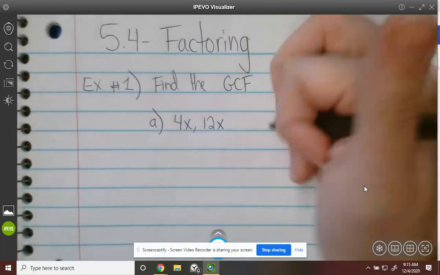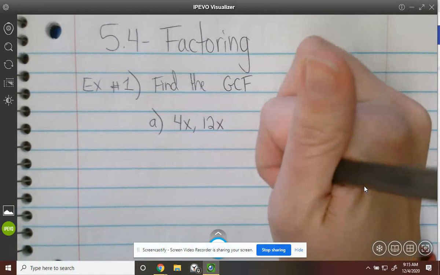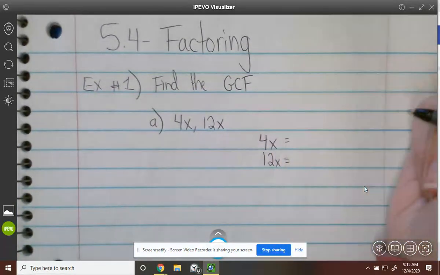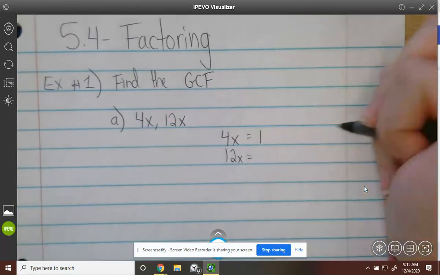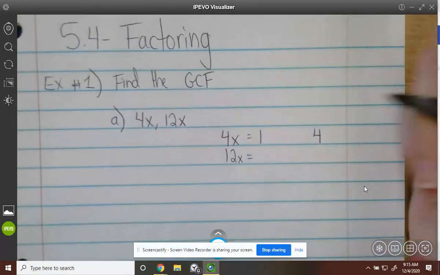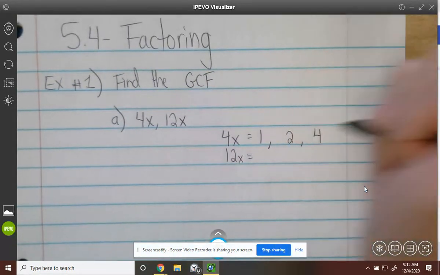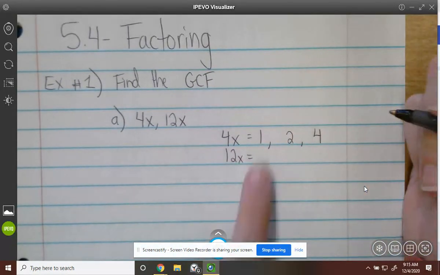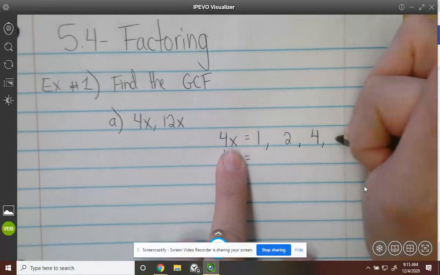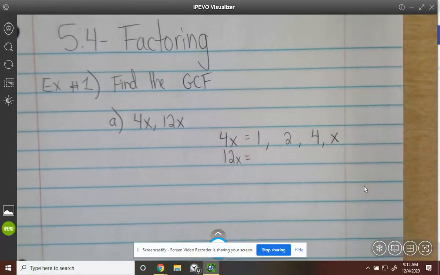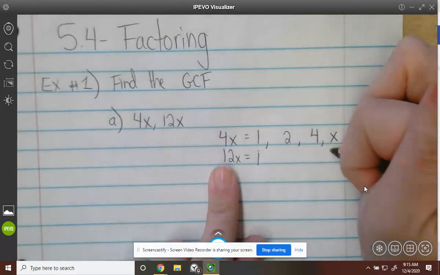So the way that you would do this is you would just start making kind of like your factors. So 1 times 4 is 4, and then 2 times 2 is 4. So that's all the factors of 4. But then we also have an x being multiplied, so we always have to throw that in there too, now that we're in algebra. So for the 12, we have 1 and 12.